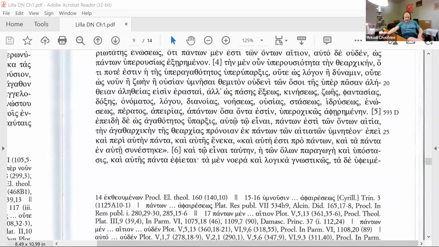No, hexis is a noun. I think with the rest of the phrase, one needs to construe it as implicit. Right. So, but rather as one having all movement, life, image, opinion, name, word.